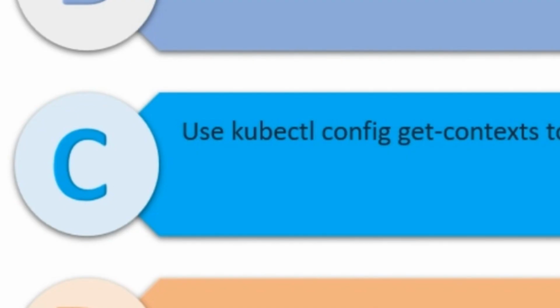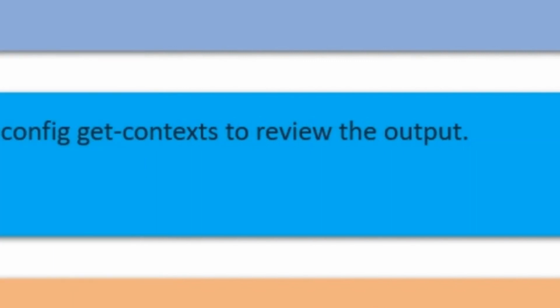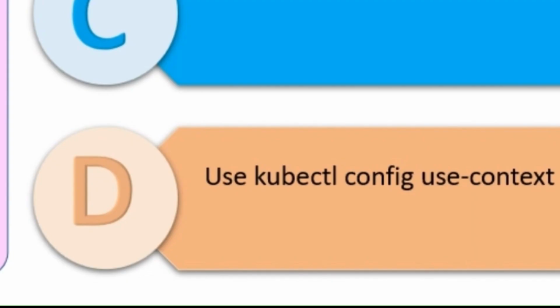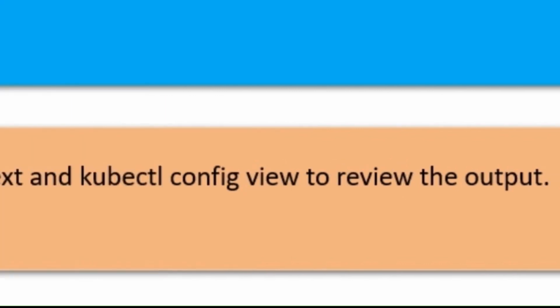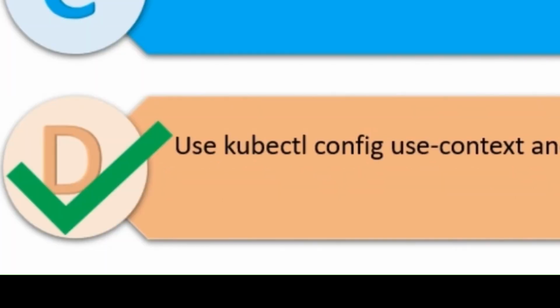Option C, use kubectl config get-contexts to review the output. Option D, use kubectl config use-context and kubectl config view to review the output. D is the correct answer.